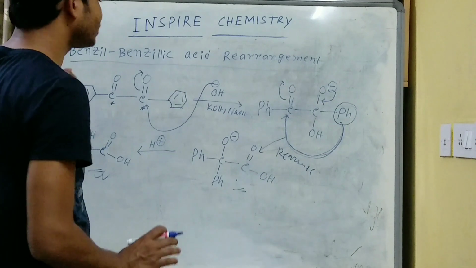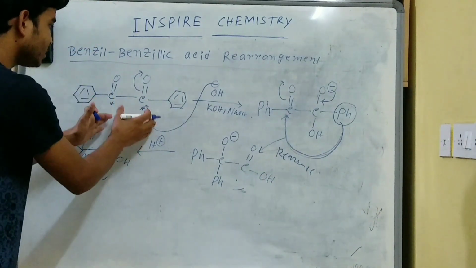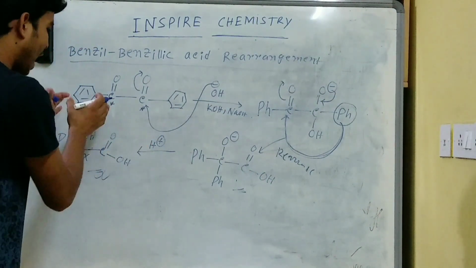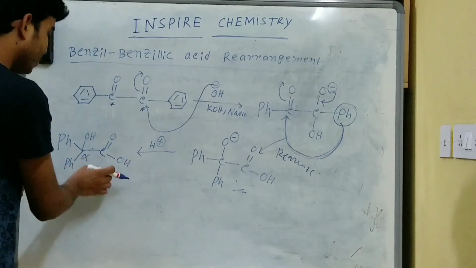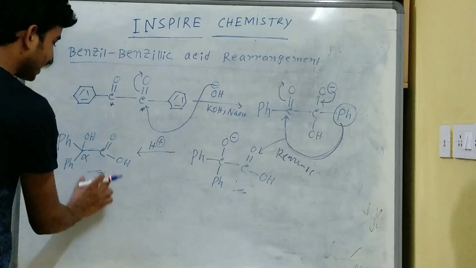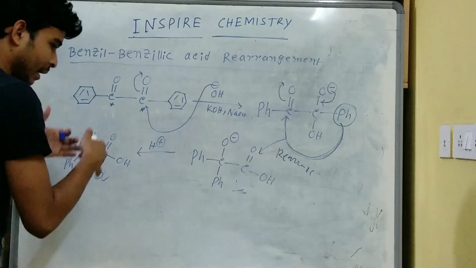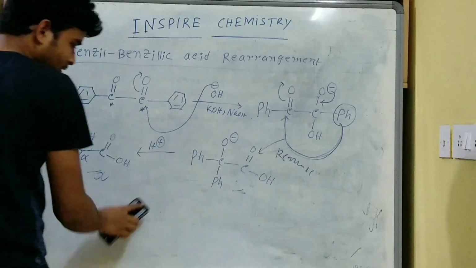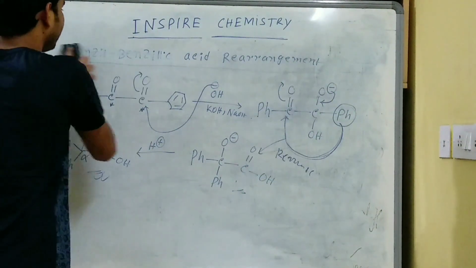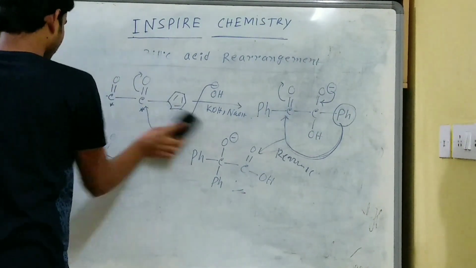So this reaction is very important, because from this diketone we can form a hydroxy acid. This is very important for your exam, and in most cases it is very important for industrial purposes. I have some examples also for this reaction.